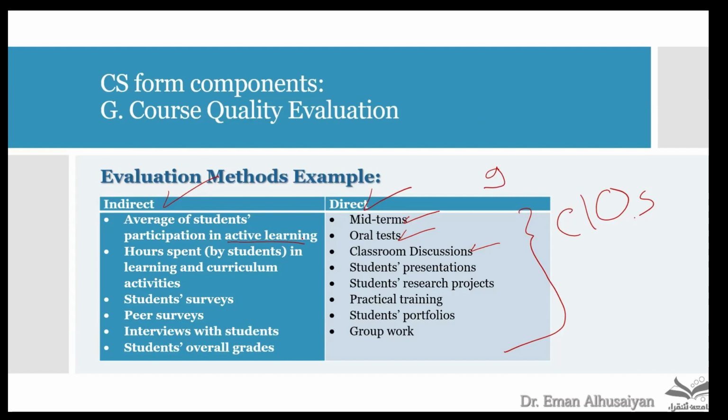It will give you an indication of your students' participation. For example, you will notice that your students participate in pair work more than in collaborative work or group work. So it will give you an indication that it is preferable to adopt pair work in this course because it's more effective and because it evokes more participation on the part of students. Student surveys, peer surveys. If you want one of your colleagues to attend some of your classes, and maybe you will give her a sheet of evaluation, this will help you know your points of strength, especially if you share the same specialization.